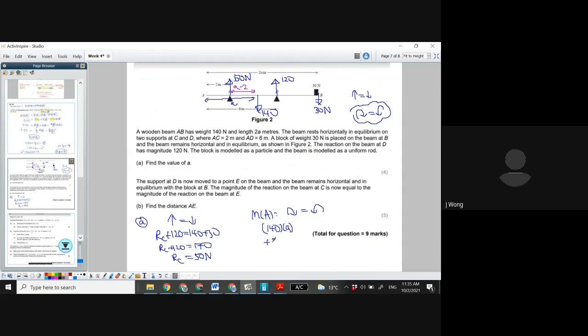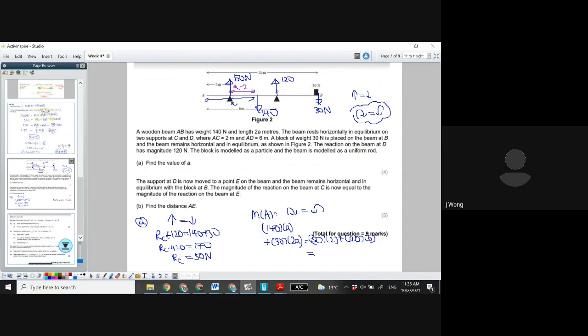And the 30 multiplied by distance of 2A, because it's at the other end of the rod. And then the rest will be 50 multiplied by 2, with the distance measured from A, and the distance AD of 6, again given. So we just add on 120 times 6.